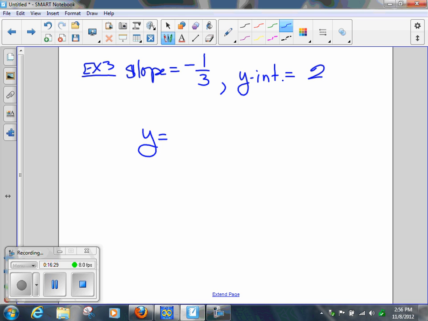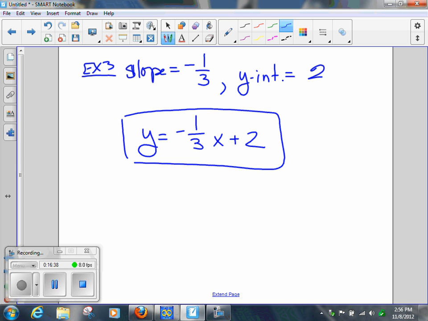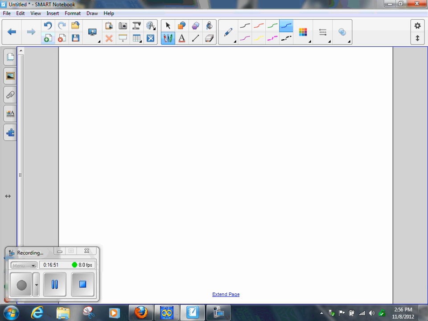Y equals negative 1/3 x plus 2. How many of you had that as your answer? Very good. All right, let's change gears again then.